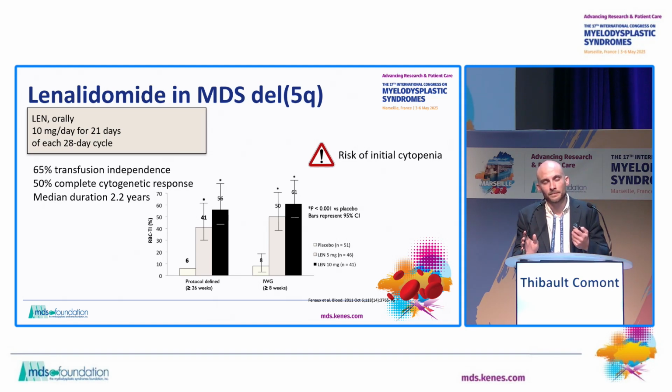It allows 65% of transfusion independency, 50% of complete cytogenetic response, with a median duration of response of 2 years. We have to be careful because at the initiation of the treatment, patients can present increased severity of cytopenia that requires close monitoring.